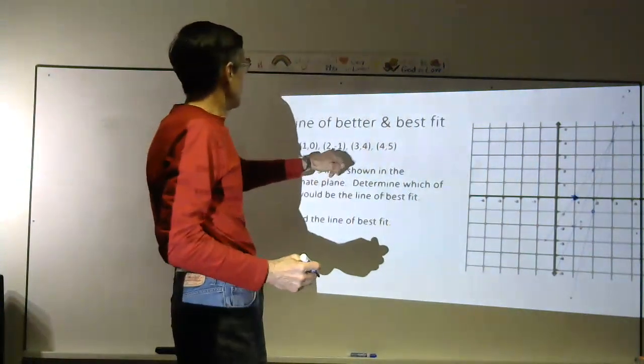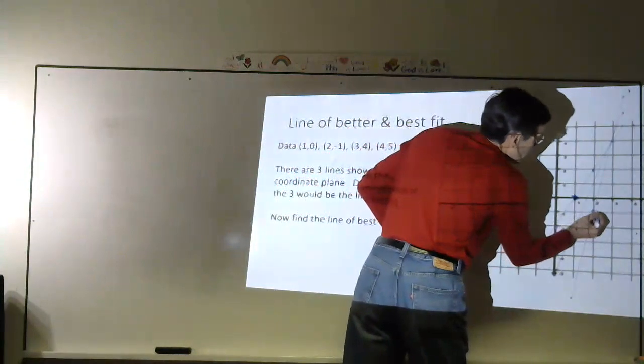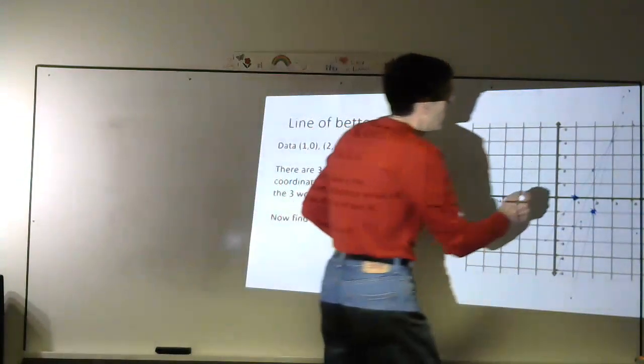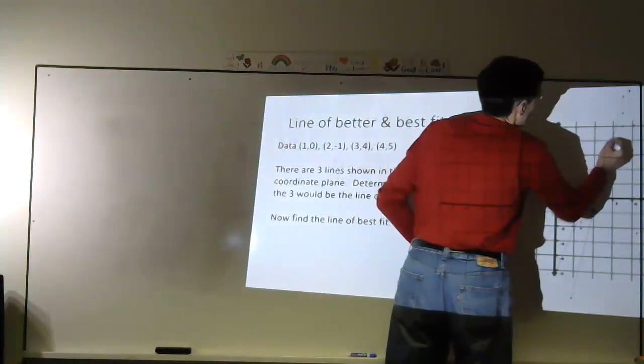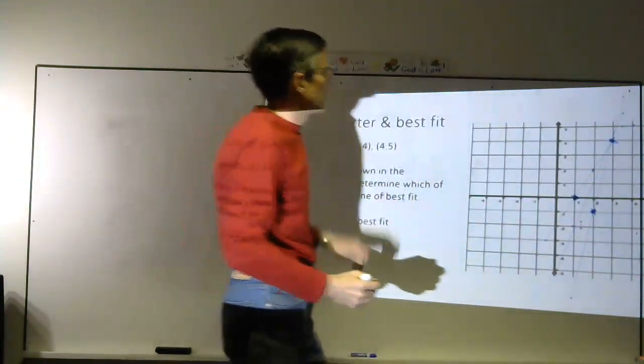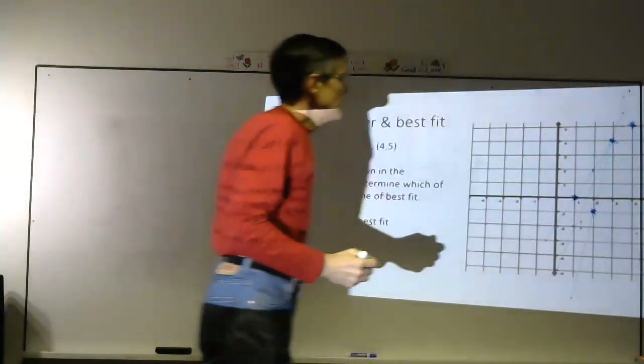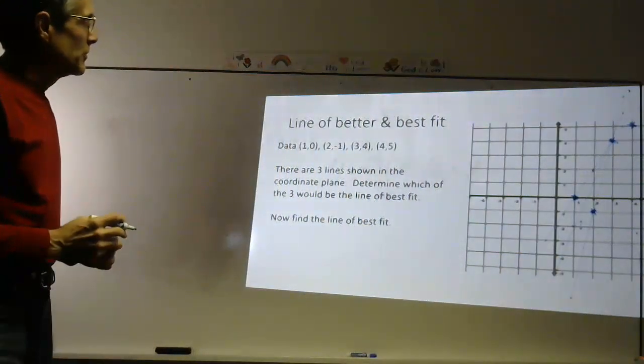Okay, 2, -1 is a data item there. 3, 4 is here. And the last one is 4, 5, which is up here. So there are your 4 items of data.